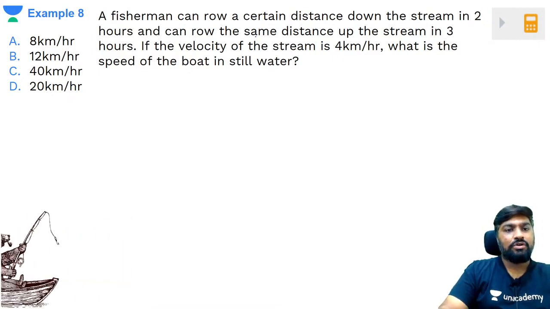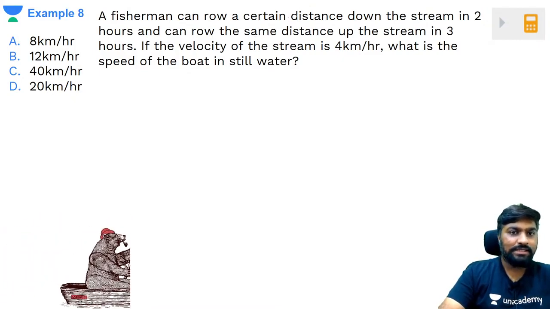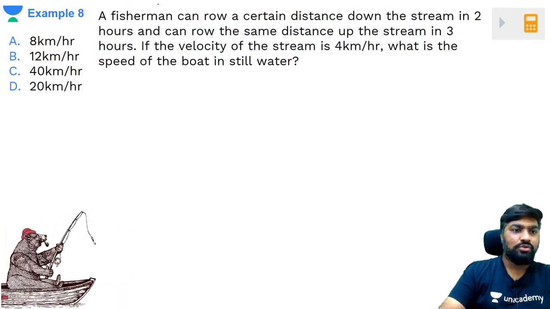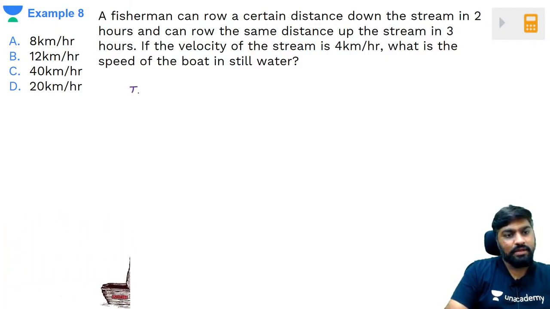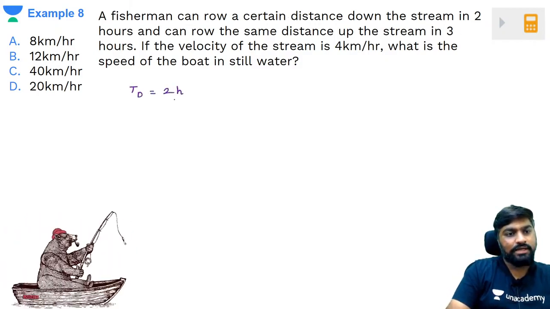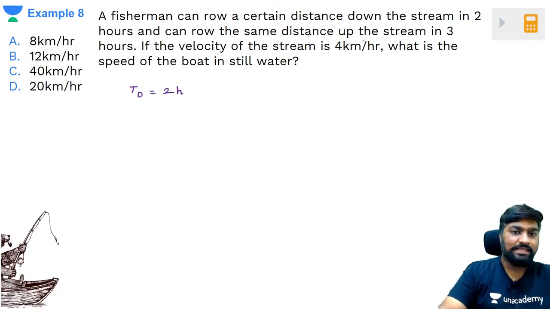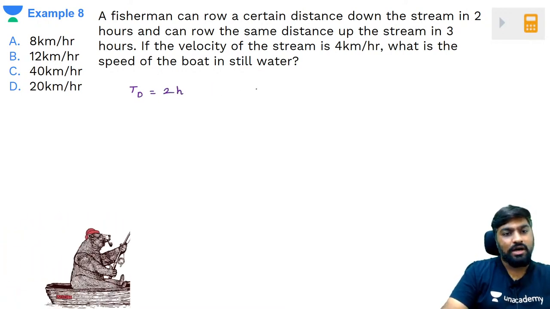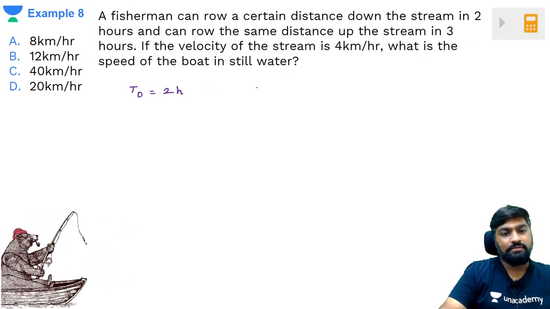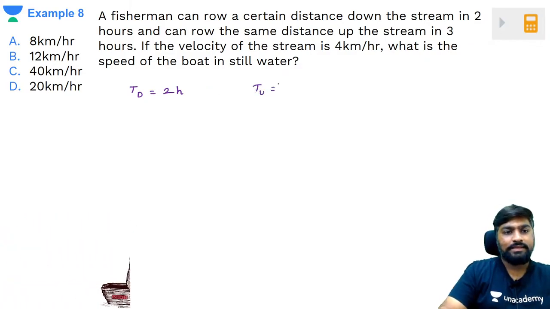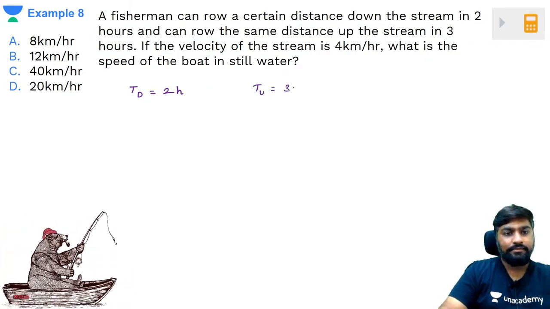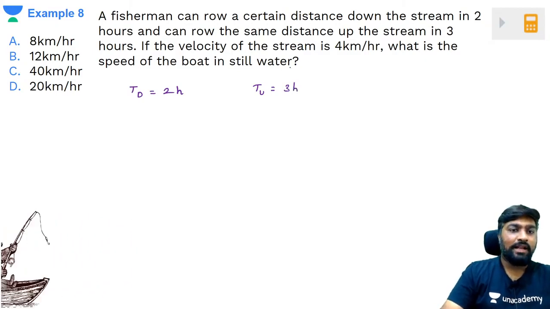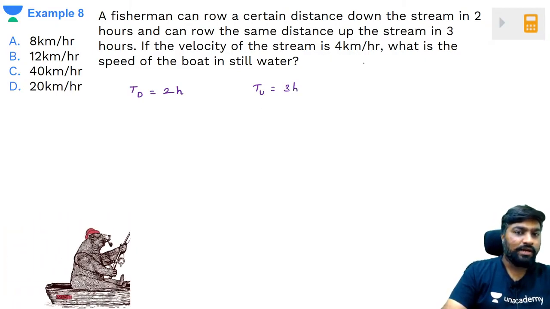A fisherman can row a certain distance, we don't know the distance, down the stream in 2 hours. So downstream time is 2 hours, and can row the same distance up the stream in 3 hours. So upstream time is 3 hours. The velocity of the stream is given to us as 4 kilometers per hour.